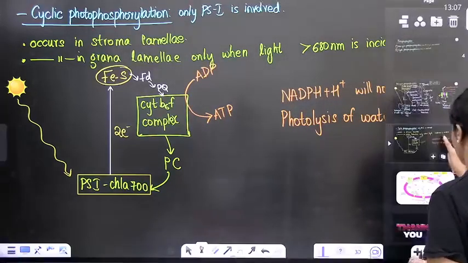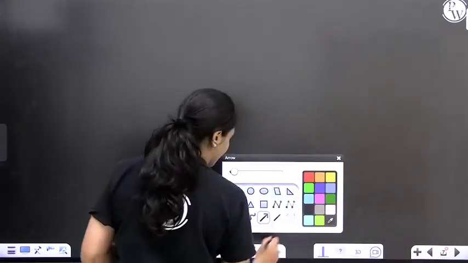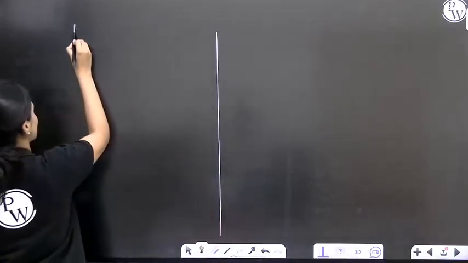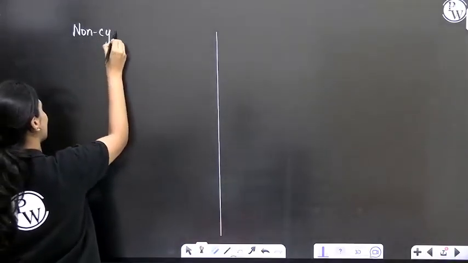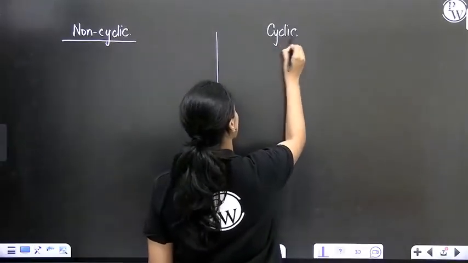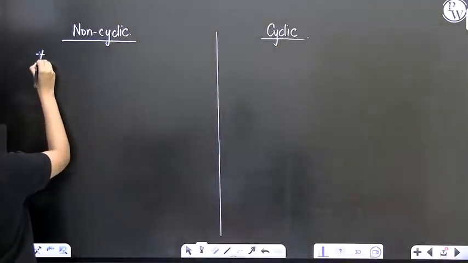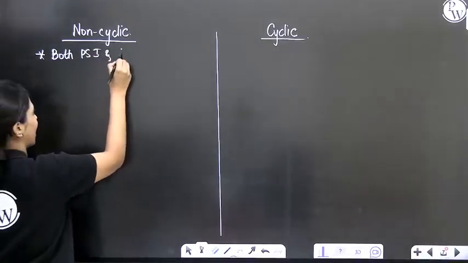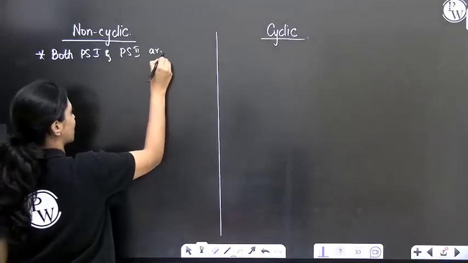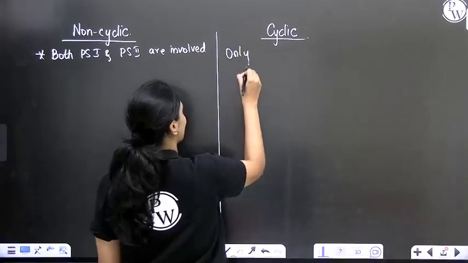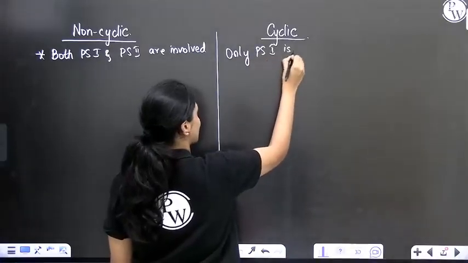Now let's quickly differentiate between cyclic and non-cyclic photophosphorylation. This is non-cyclic and this is cyclic. In non-cyclic, both PS1 and PS2 are involved. Here only PS1 is involved.